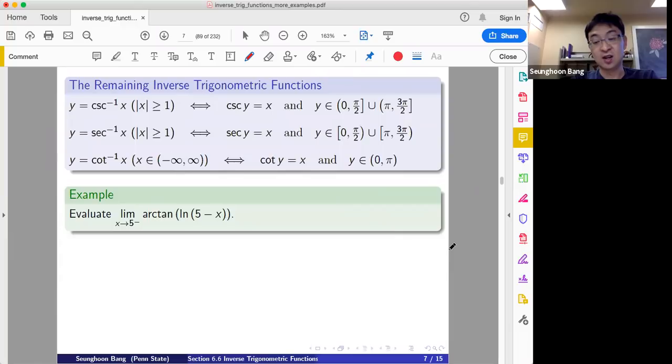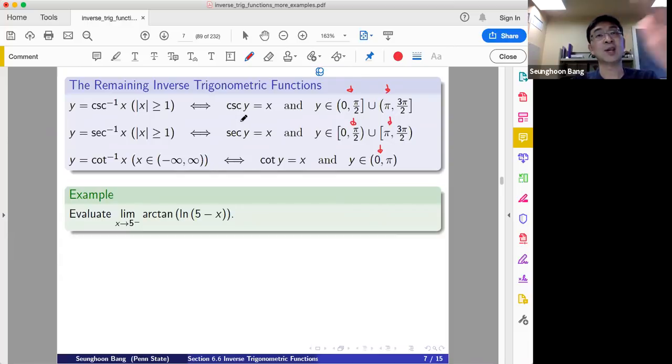It's sufficient to know sine, cosine, tangent, and inverse sine, inverse cosine, inverse tangent. But if you try to solve some kinds of problems, I can explain that later. Sometimes you need to use the domain. This is the key.